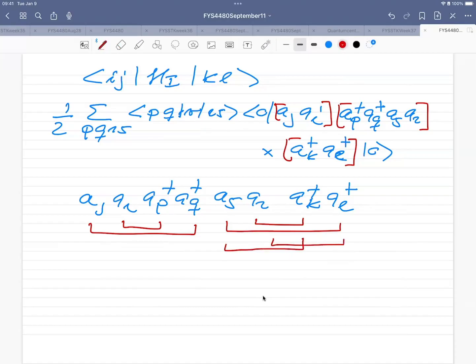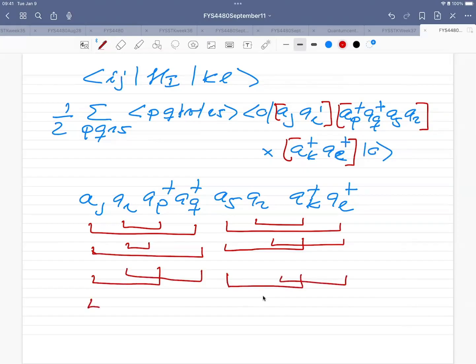Like this, and that gives rise to a minus sign. We can keep this one. Then we can do this contraction. This is another non-zero one. We keep this one and that one. And the final one is simply to have this one. And then go back to the first one, which we looked at on the right-hand side. So these are the possible contractions which we can get.